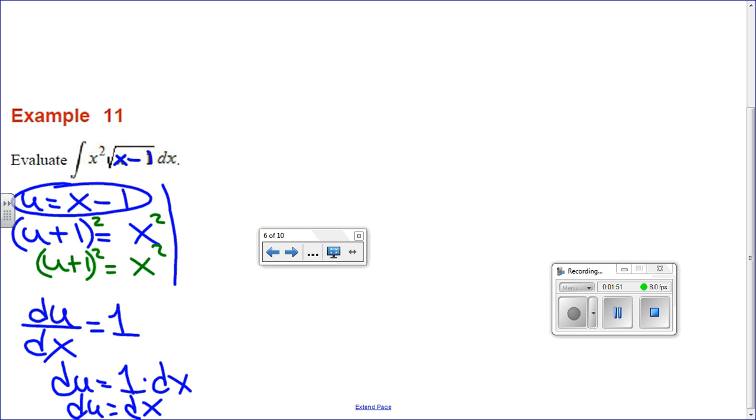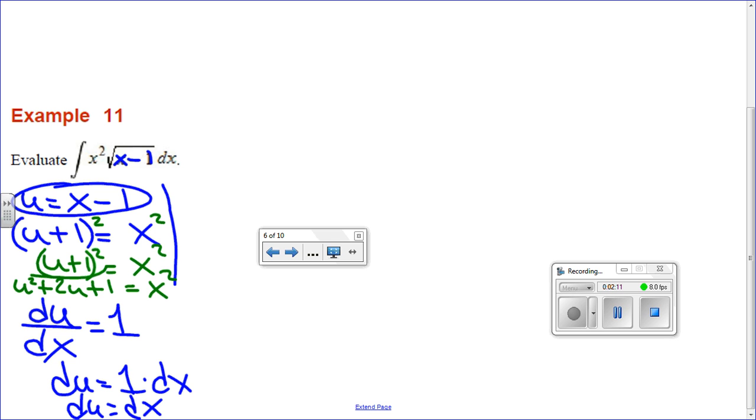Now, if I expand this side, I'm going to get u squared plus 2u plus 1, and that will equal x squared. Now I'm going to start substituting.